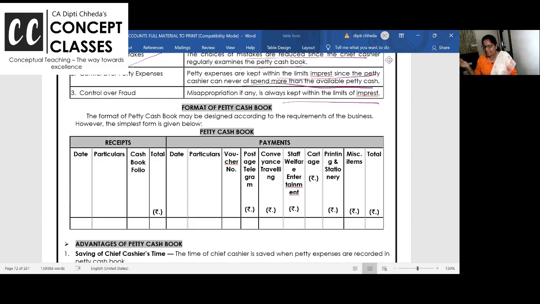And again, payment side. It's like a total cash book only. But on the receipt side you have only this as a receipt, and on the payment side you record all separately. Total they have done there, but I'll do it first.